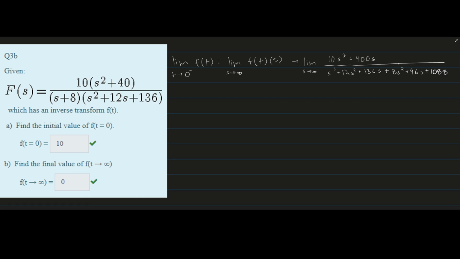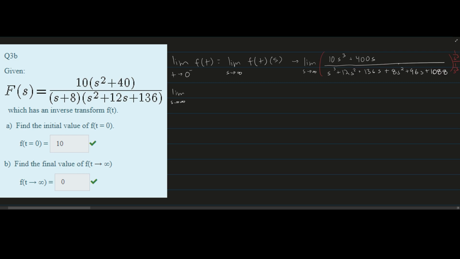From here, we can multiply both the top and the denominator by 1 over s cubed. In doing this, we have the limit as s approaches infinity.